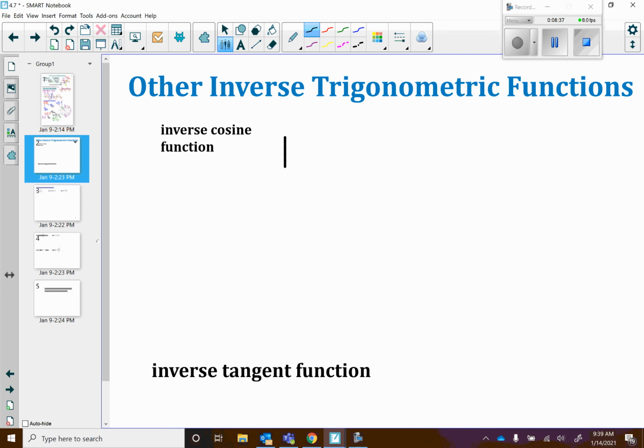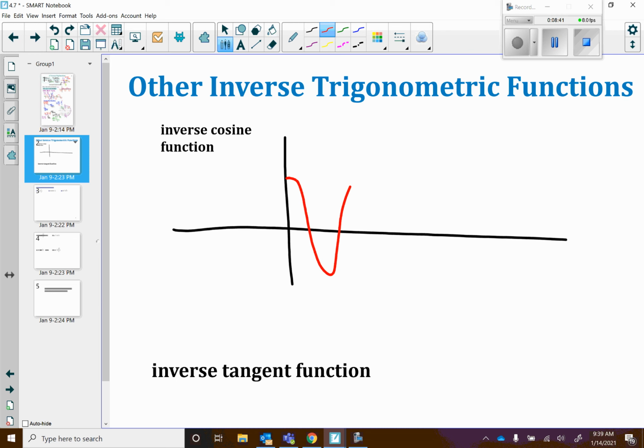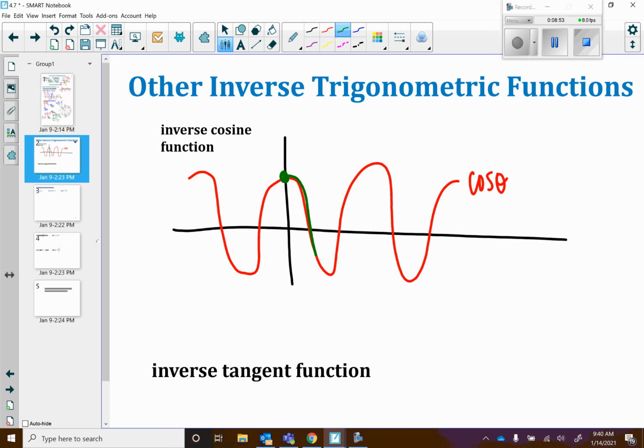For cosine, we're going to have the same issue again, right? Cosine looks like this, but we can't have the entire graph of cosine, and so the restriction for cosine is from 0 to pi.